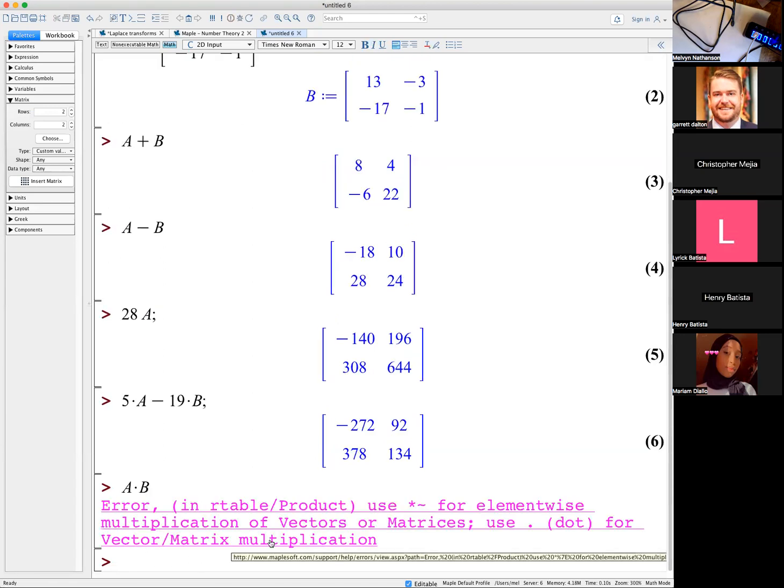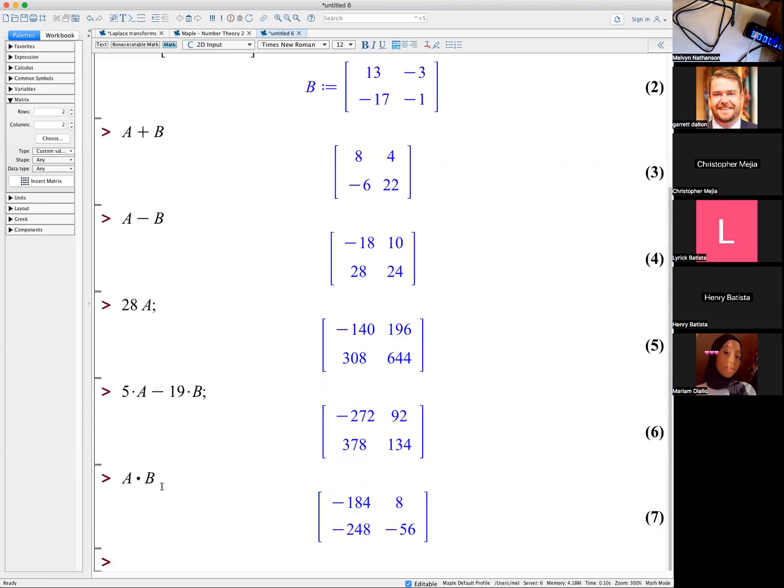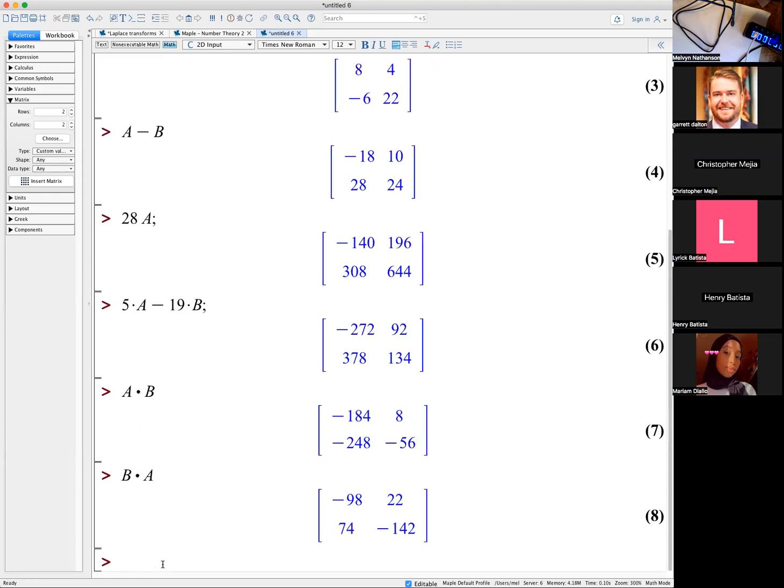Yes, because the command for multiplying matrices is actually the period. So that is A times B. What is B times A? And you notice AB and BA are completely different.